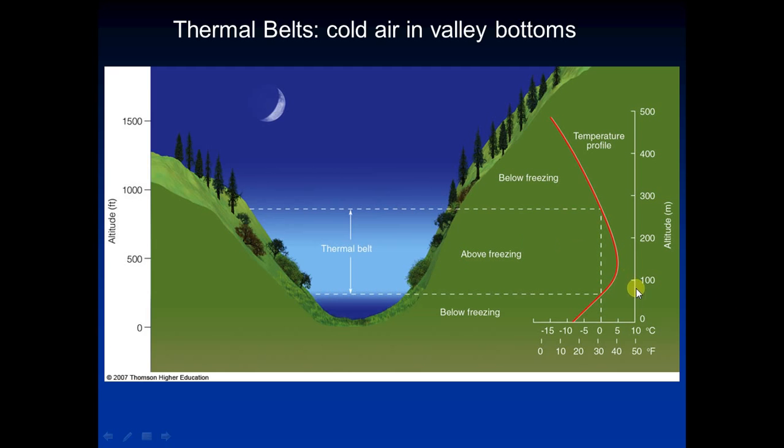And from about 80 meters, 250 feet, to around 280 meters, near 1,000 feet, you have a thermal belt with temperatures above freezing. But once you get above that thermal belt, you're dealing with below freezing temperatures again.